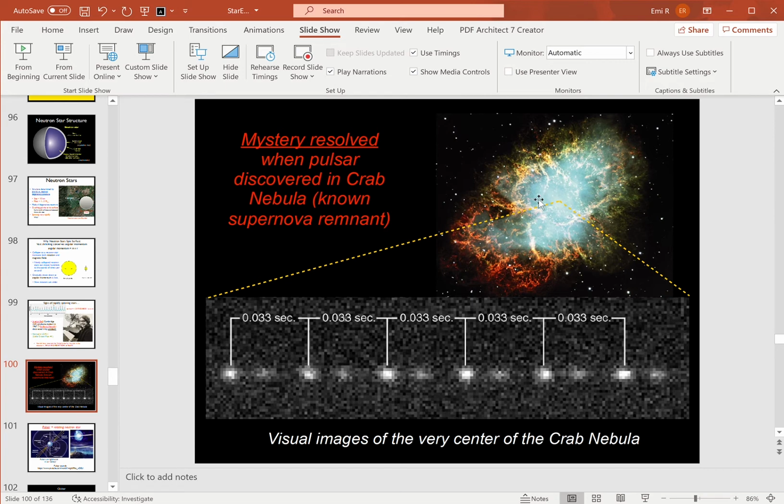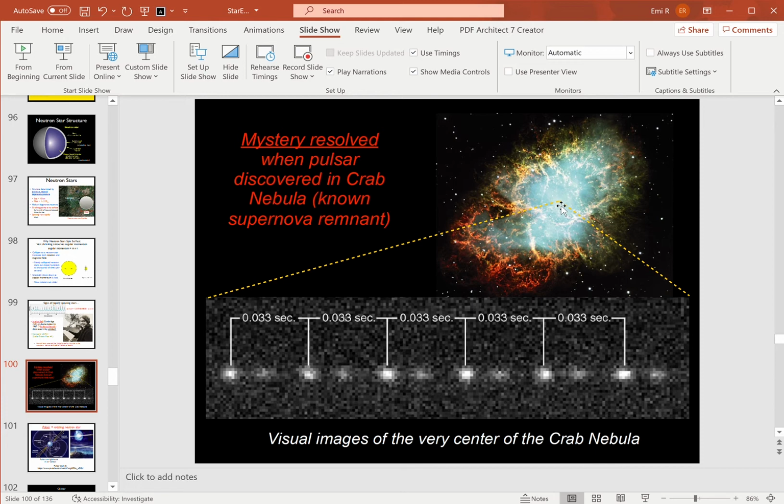The Crab Nebula is the remnant of a supernova explosion, which means it was a high mass star that reached the end of its life. The outer layer bounced back out of the core, that's what you're seeing here, and exploded. And at the center of the supernova, you have a neutron star, the remnant of the star.